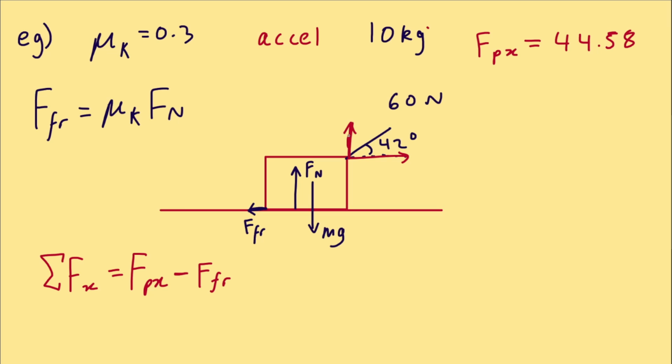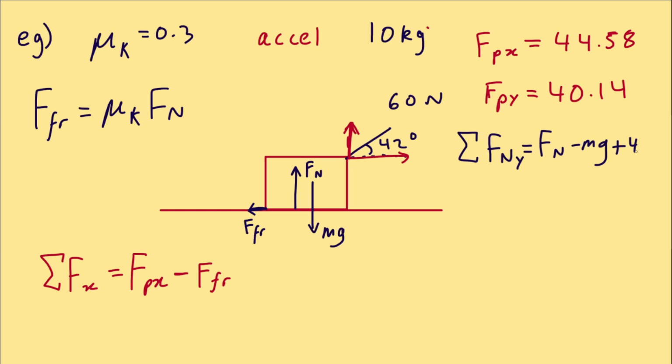However, we have a vertical component here, which it seems we now have to solve for. Let's go ahead. Fpy is equal to roughly 40.14. Now apply the second law to find the normal force, which is Fn minus mg plus the help of our pull. The normal force is 58 newtons.